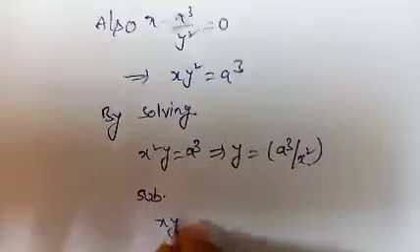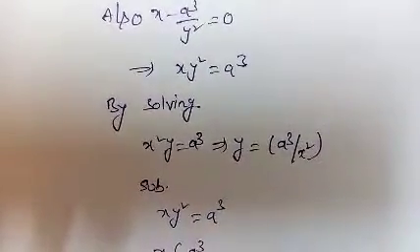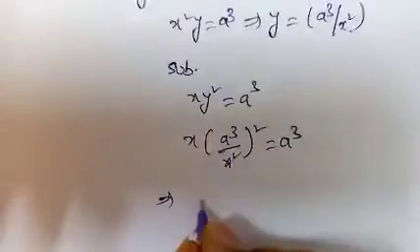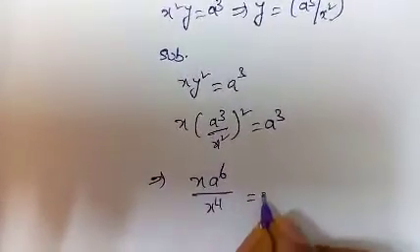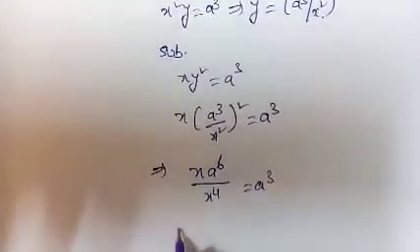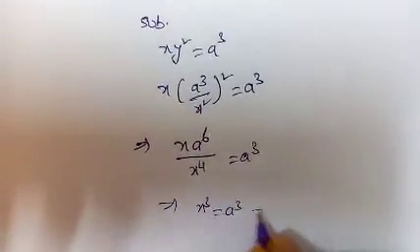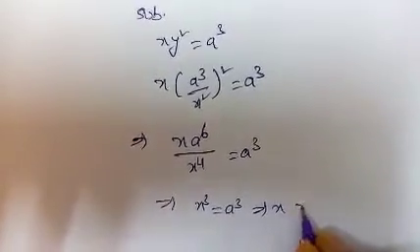So xy square equal to a cube. So then x into a cube by x square, whole square, equal to x a power 6 by x power 4 equal to a cube. So then which implies x cube equal to a cube. So here x equal to, what is the value?